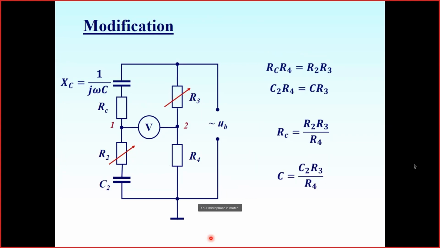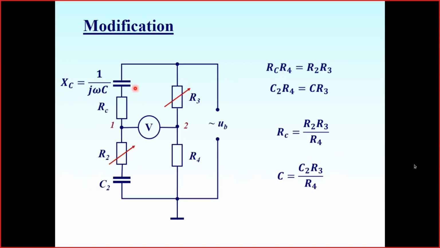In such an example, when we balance resistors R2 and R3, we could find the relationship between the capacitor resistance and capacitor capacity when we can regulate only R2 and R3. And this modification doesn't require an alternating capacitor, but it's quite poor just because of poor iteration, poor convergence.